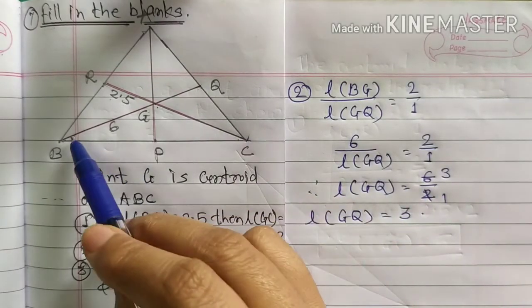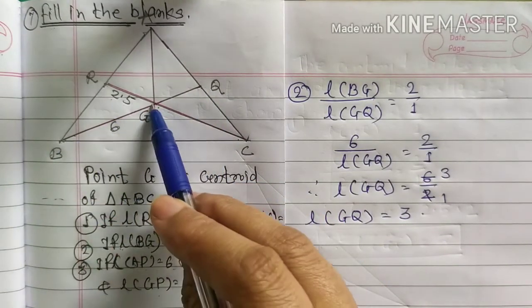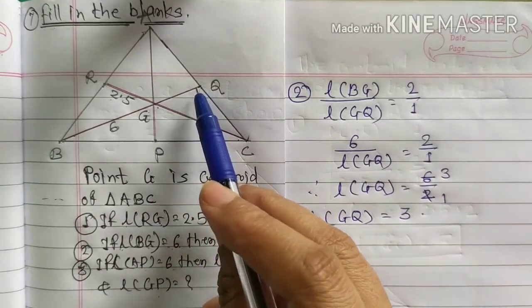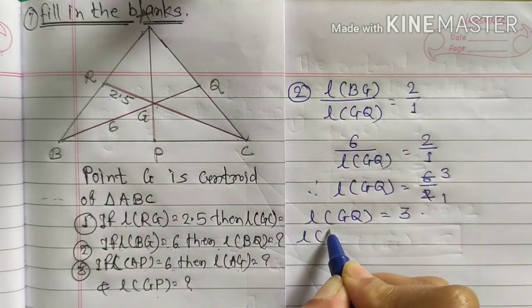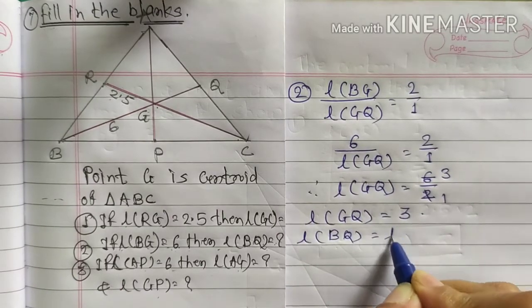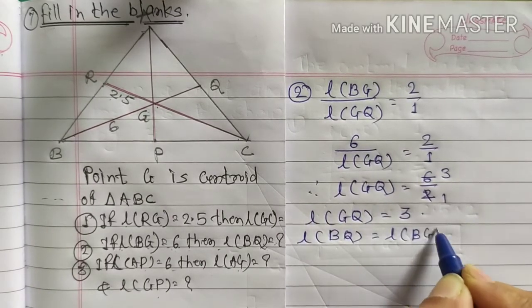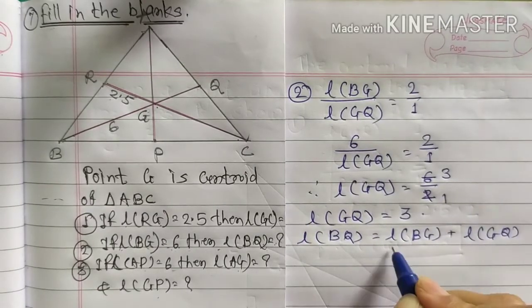Let us see here, length BQ is the total length, that is length BG plus length GQ. Hence, length BQ is equal to length BG plus length GQ.